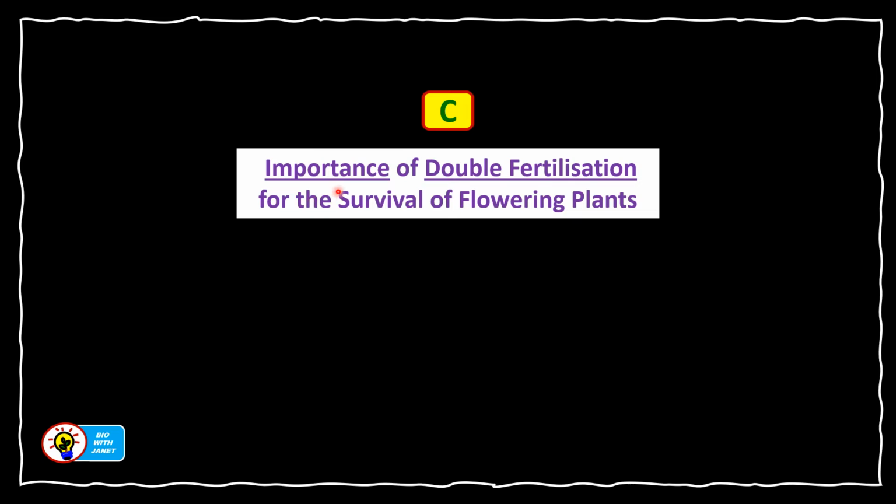Okay, let's come to the next title and the next question. Explain the importance of double fertilization for the survival of flowering plants. So double fertilization is known to be a very important factor in the survival of flowering plants, right? So how does double fertilization help the flowering plants to survive, to live on, and for the plant species to continue to exist on Earth?